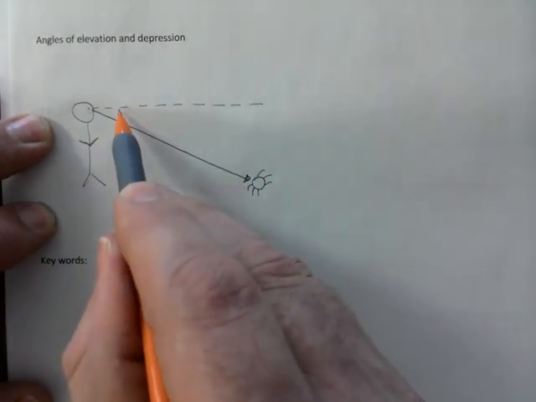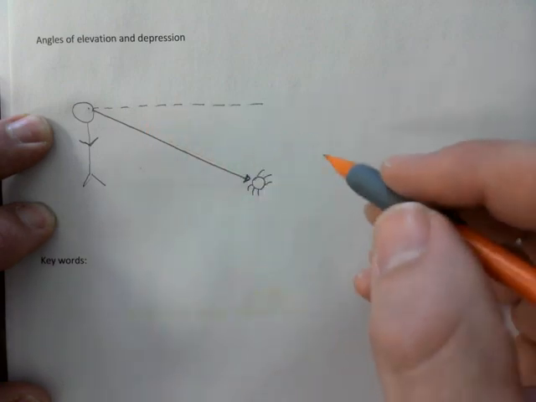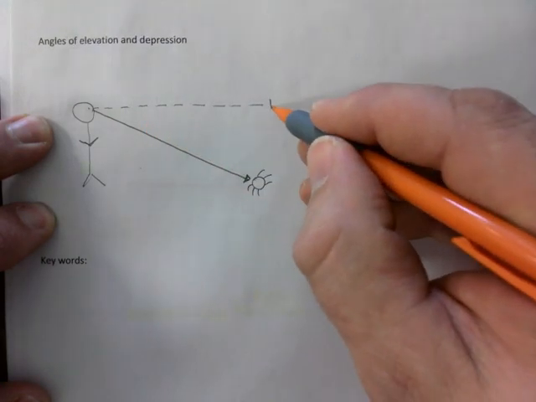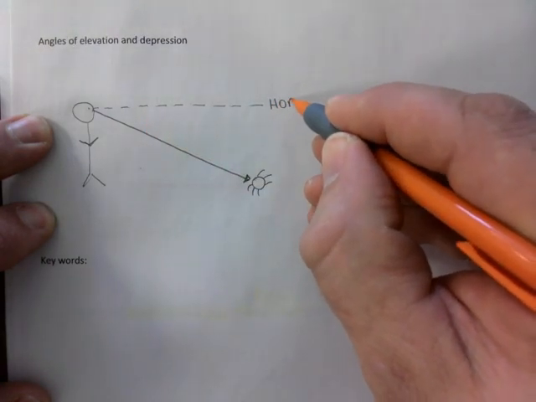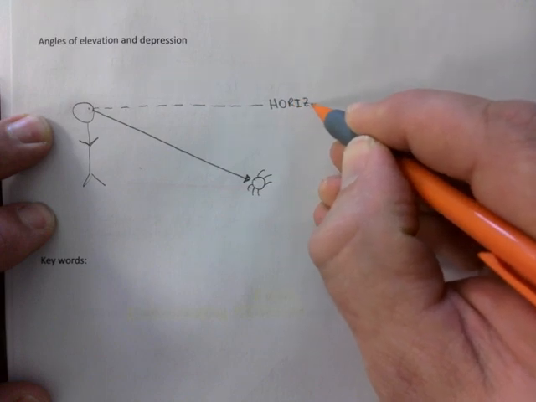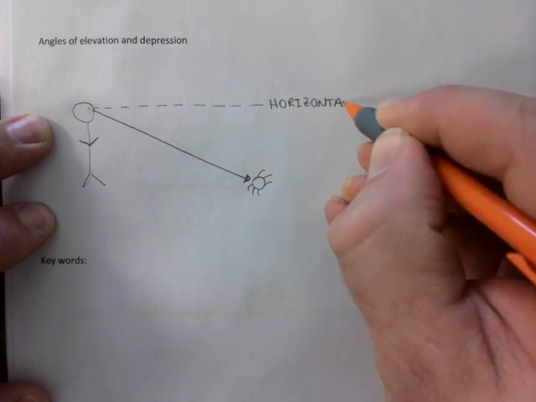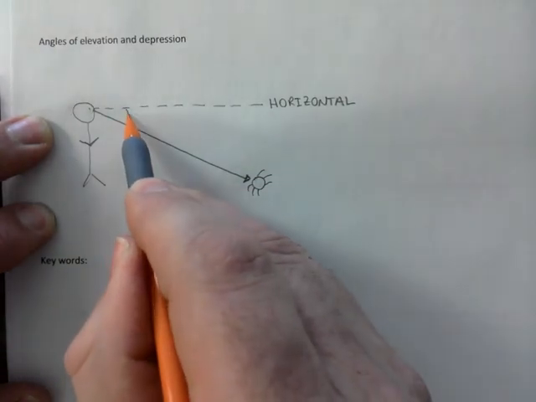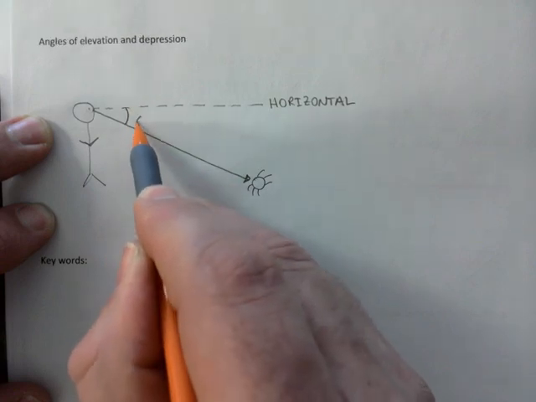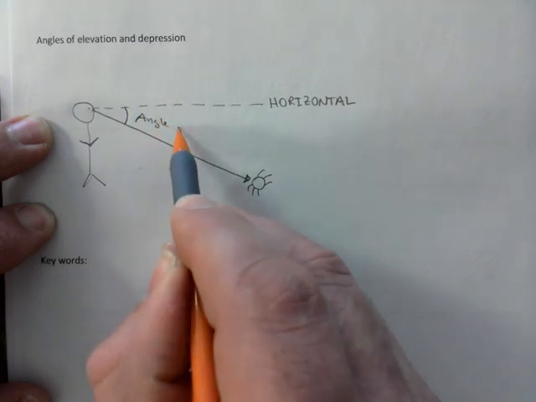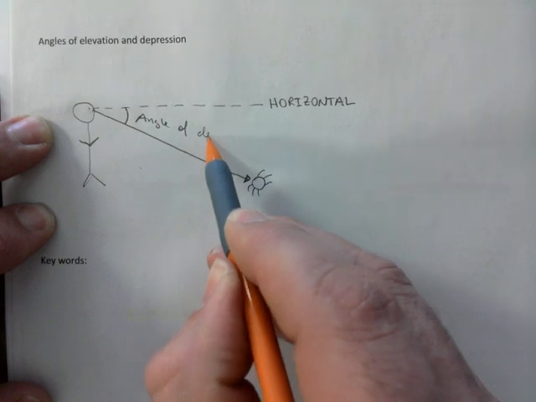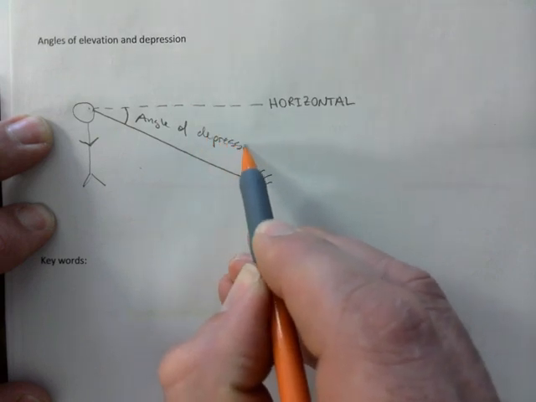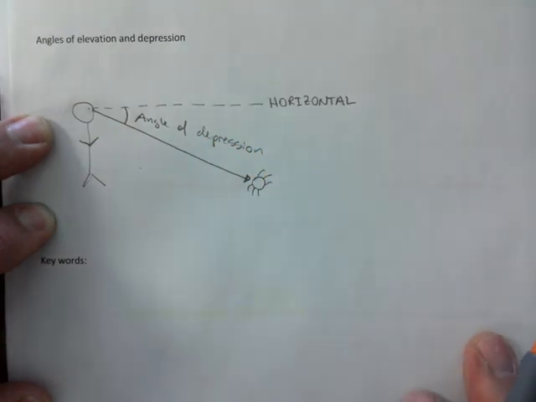That's your line of sight. And so the angle that's formed between it and the horizontal, let's write this down nice and capital here: Horizontal. That is important. It's always with respect to the horizontal. This angle right here would be the angle of depression. And on tests and stuff, I will ask you that: is this the angle of depression?